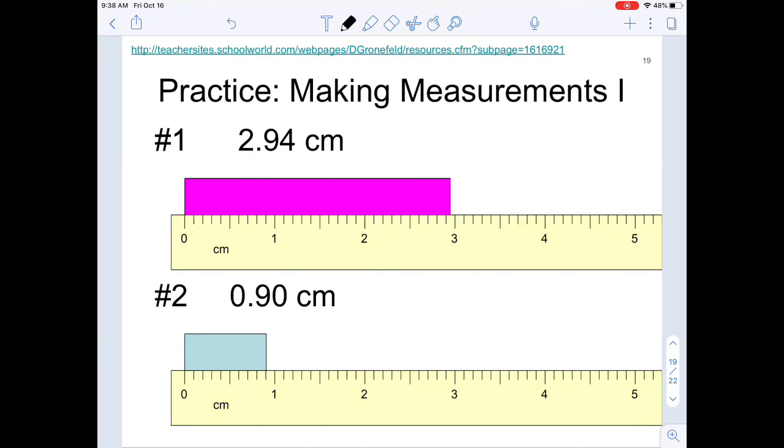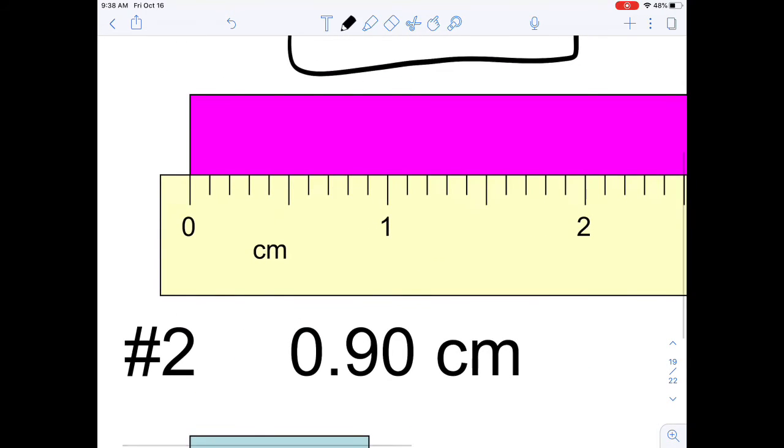The answers here are already given, but I want to go over why. Remember, you look at what the ruler is incremented by. If this is 1, this must be 0.5, half. This is counting by 0.1 every single time.